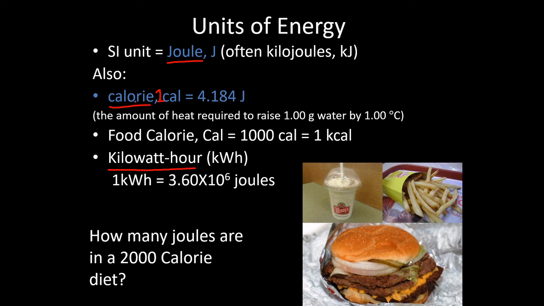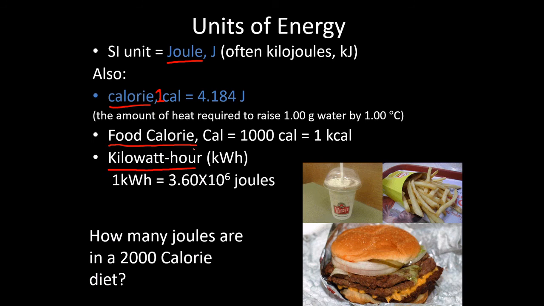The calorie that we're seeing here is related to the calories that you see on any food items you might have in your house right now. But they're not the same, actually. So the calories that are listed on your food are actually what we would call kilocalories, or kcals, or just food calories.